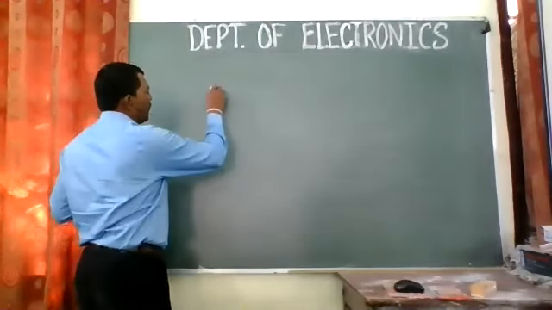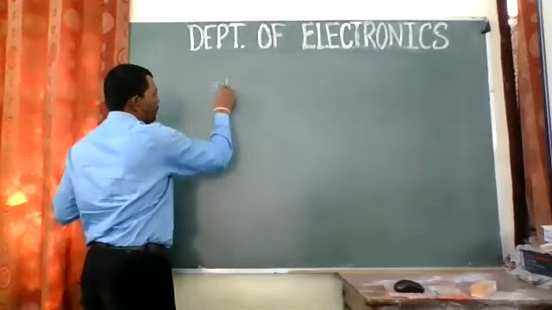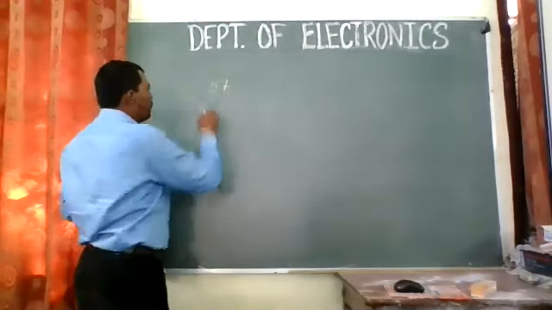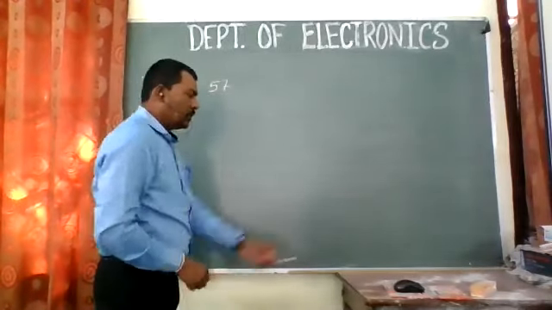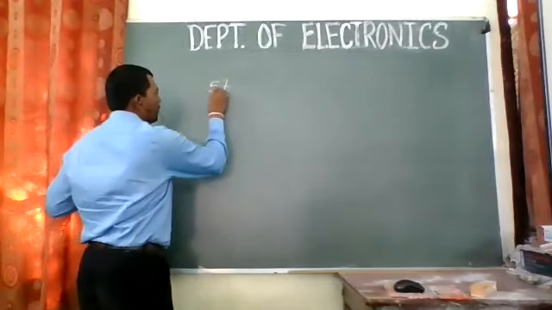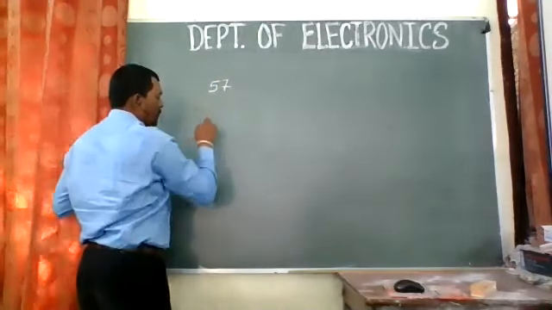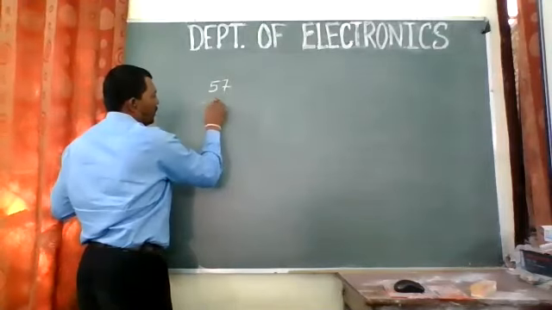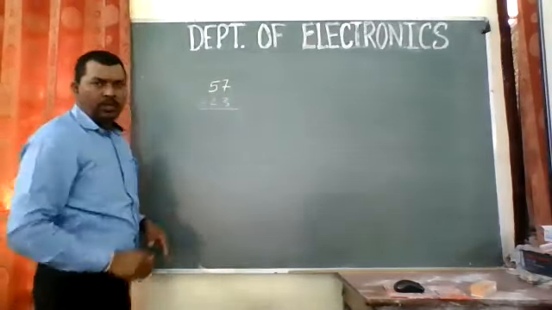We are trying to have two numbers, say 57 minus 23. I'm taking decimal numbers.